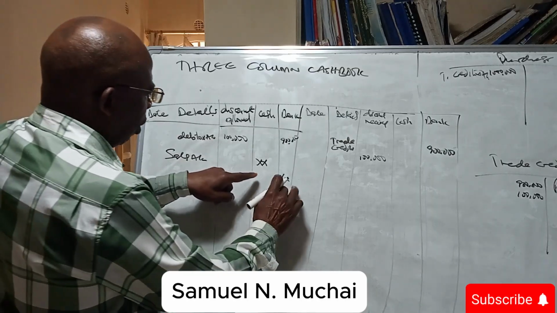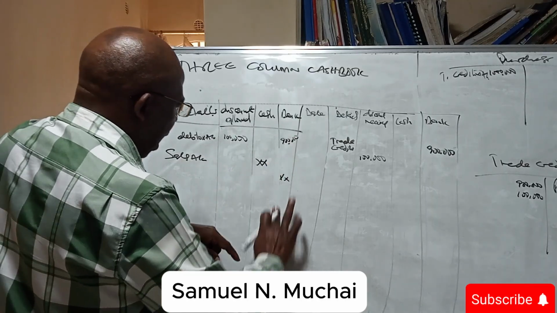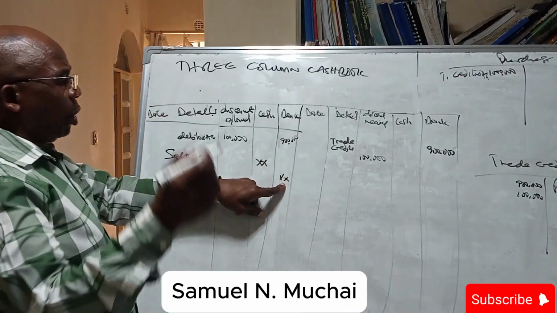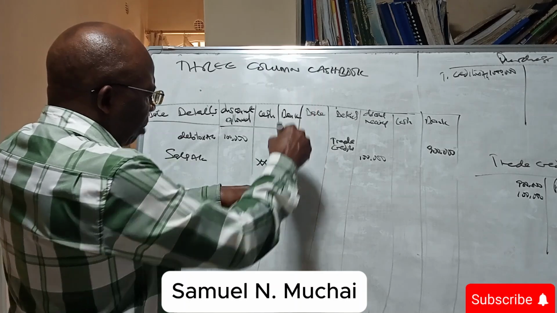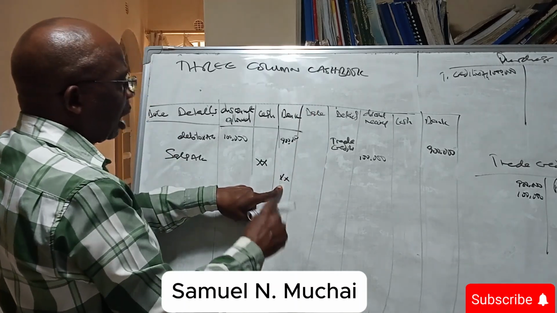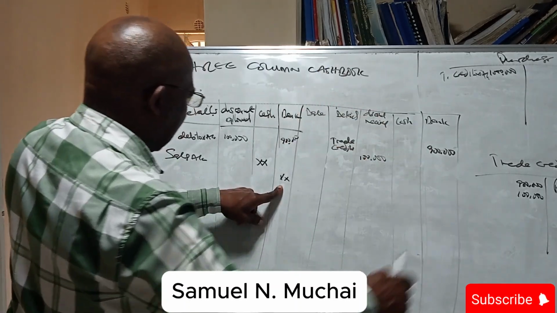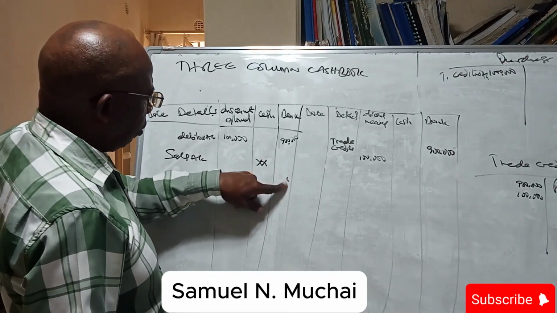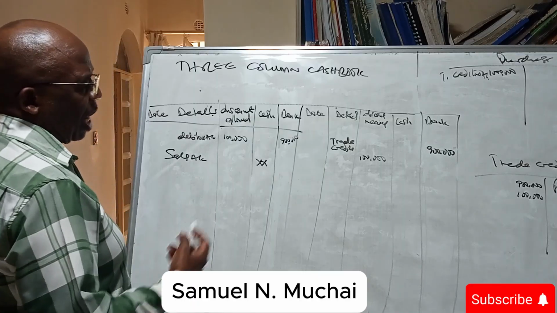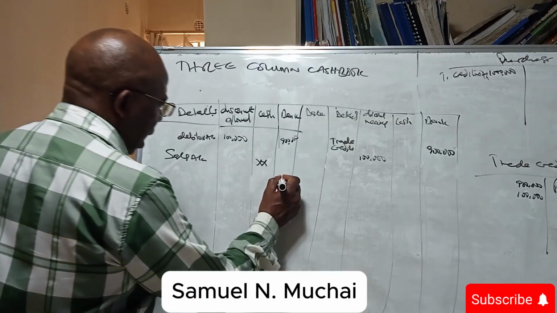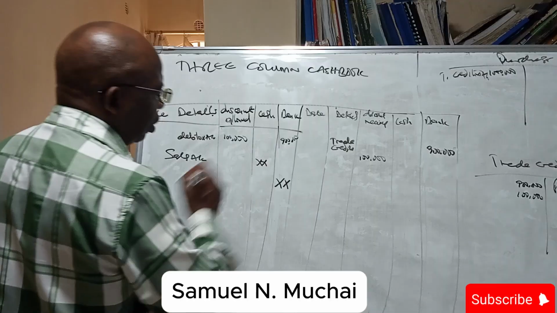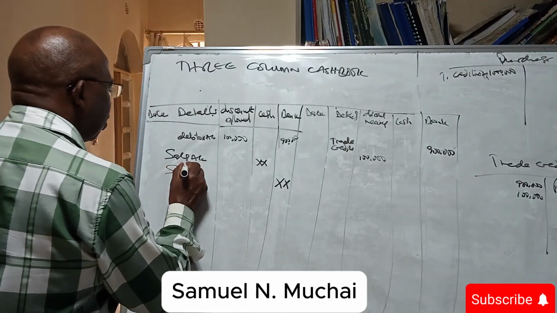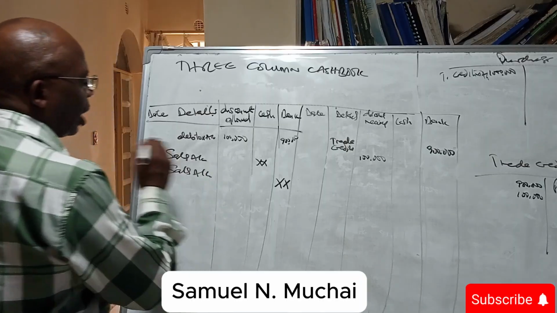If the debtor gives us a check, we will record an increase in money in the bank. So we debit bank as we credit the debtor's account. If we sell to a debtor and that debtor pays us, our money increases in the bank.